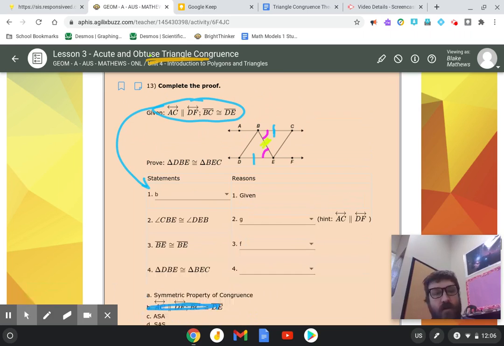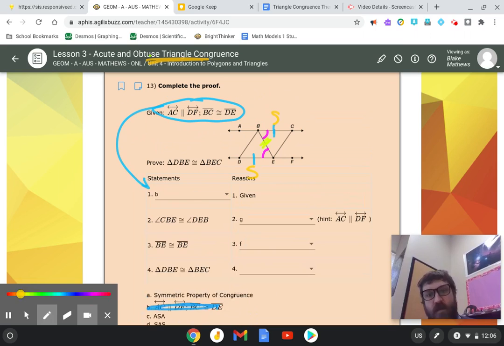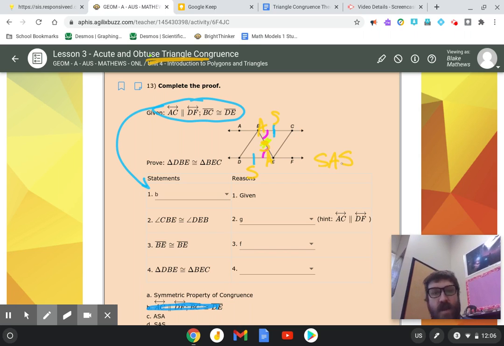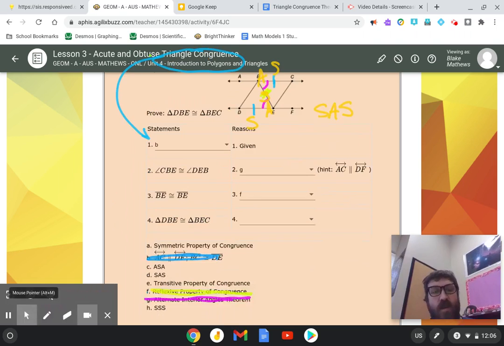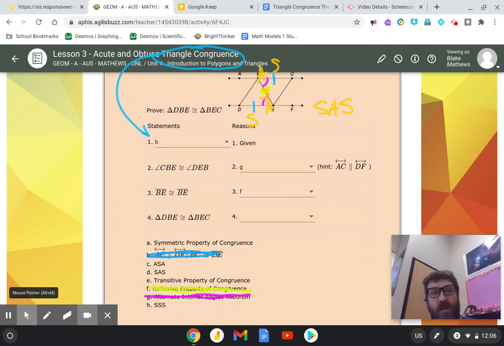Now, if I come up here and look closely, I see that I have 2 sides and an angle in each triangle. I have sides, angles, and sides. So that's SAS. And you can see that that is what they're looking for in our last blank: what congruent statement did we use?